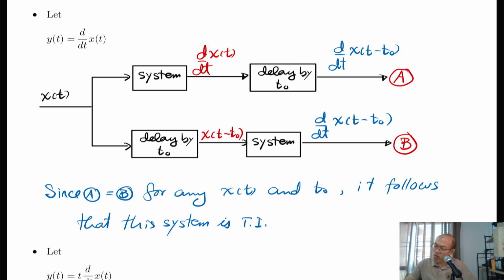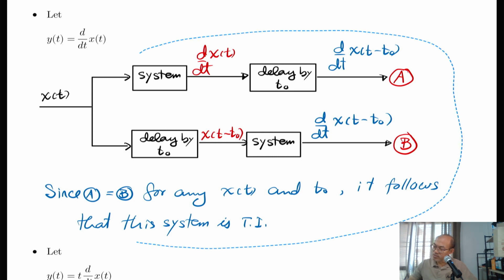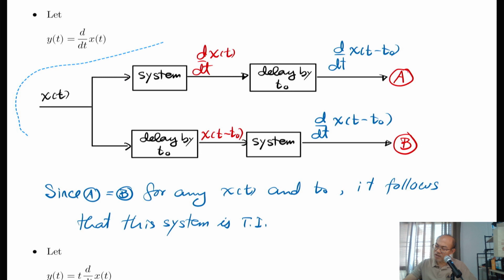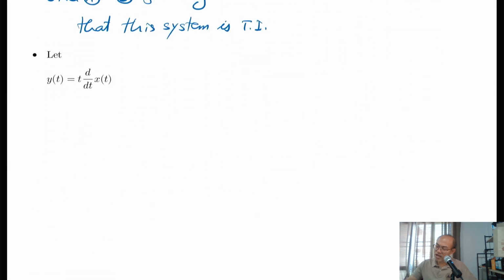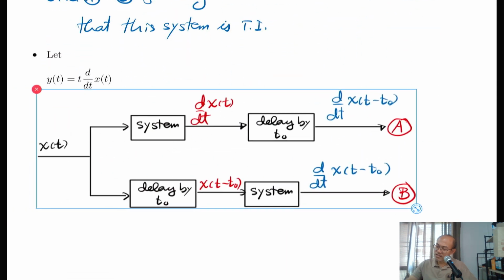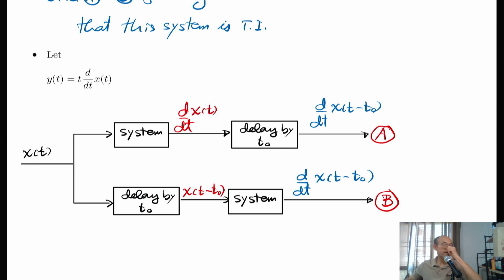Now, a more interesting case would be the next one. In the next one, I suspect that the system is not time invariant, so let's show that it is indeed not time invariant. In the upper path, we put x into the system. It takes the first derivative of x and multiplies by t, so I have t here.